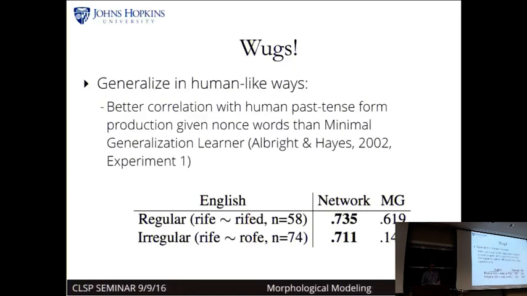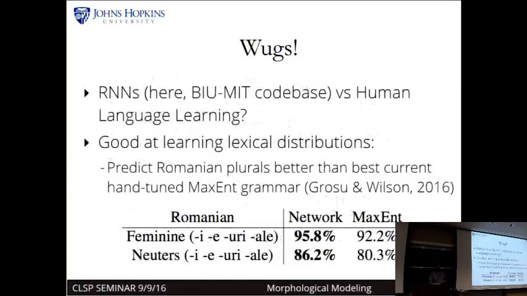Yes. So that data set was quite large, and it's possible that the minimal generalization learner would do better. It's possible. On 50 words instead of 12,000. Yeah. So, well, the comparison is on a small data set. Of course, this is on the previous slide, and you used the big data set. Yes, this used a big lexical data set.